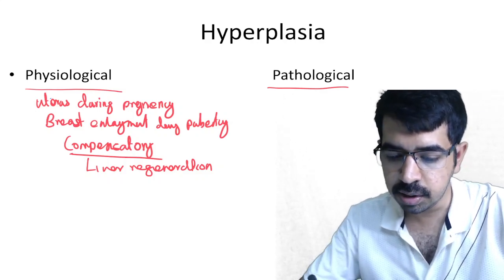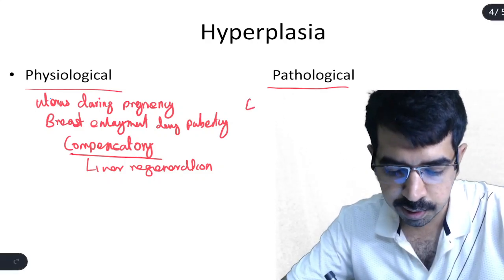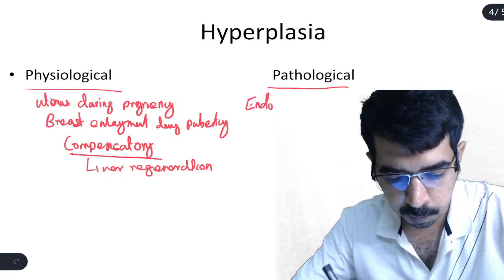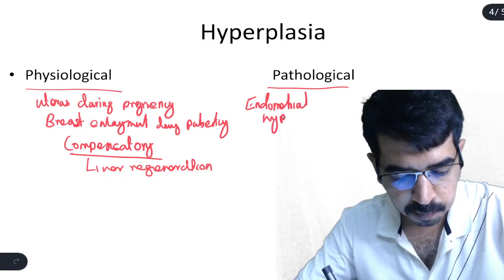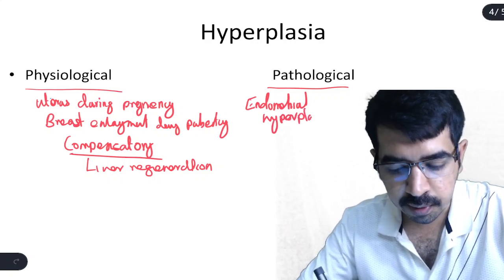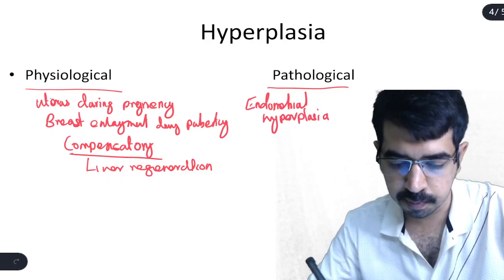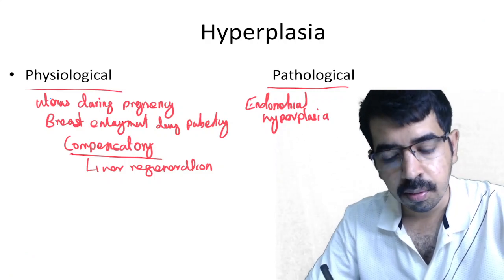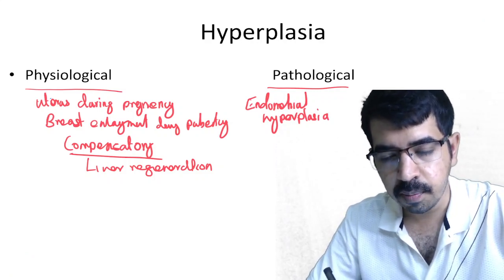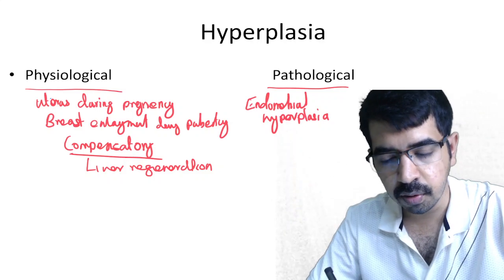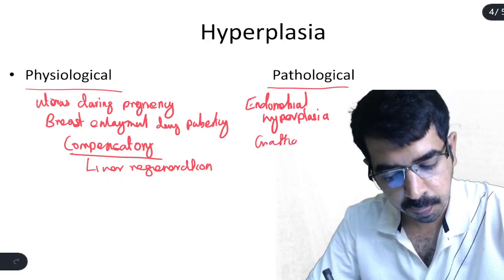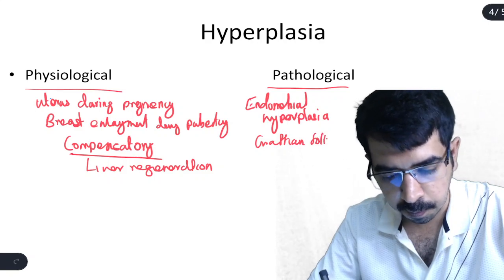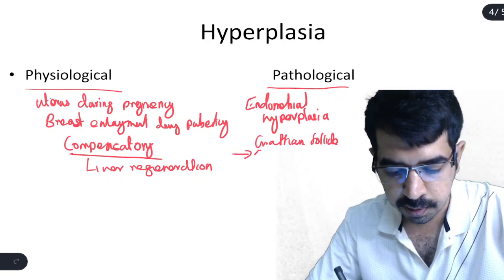Regarding pathological hyperplasia, there can be endometrial hyperplasia. We know that on the 14th day, ovulation takes place. Then the Graafian follicle will become the corpus luteum.